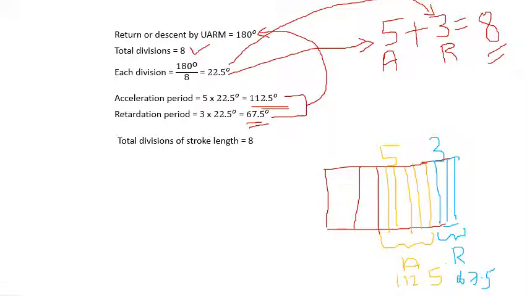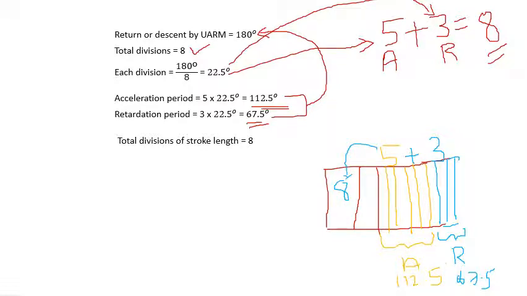Therefore here also we have to make 8 divisions. In the first session itself, while drawing the displacement diagram, we explained that both rise as well as return should have the same number of equal parts. So here there are 8 divisions in total. Therefore here also we have to divide the outstroke into 8 divisions.